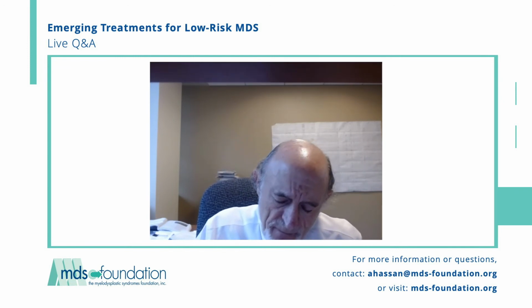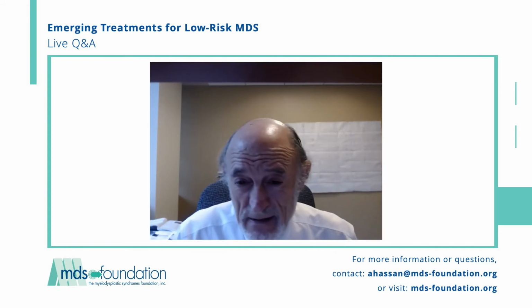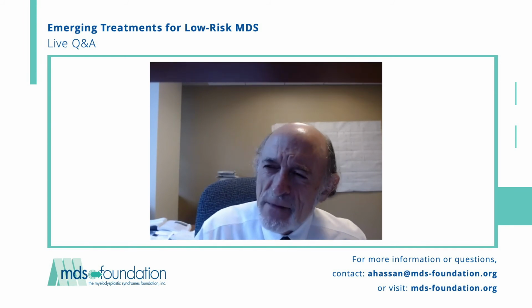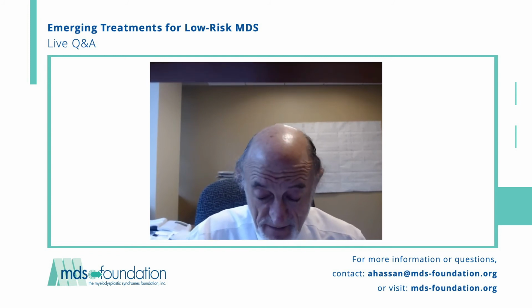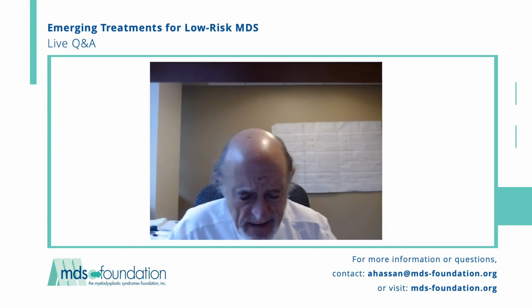And if a person had prior radiation therapies, that could have helped initiate this disorder. Unfortunately, some of the chemotherapies and radiation therapies that we receive for other disorders can be responsible for initiating MDS in some patients.